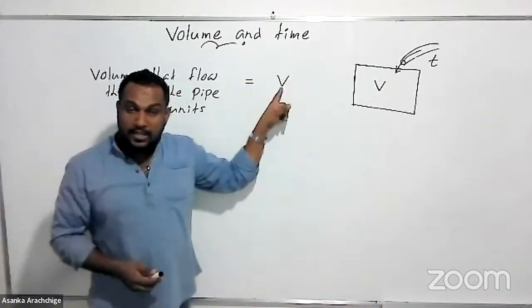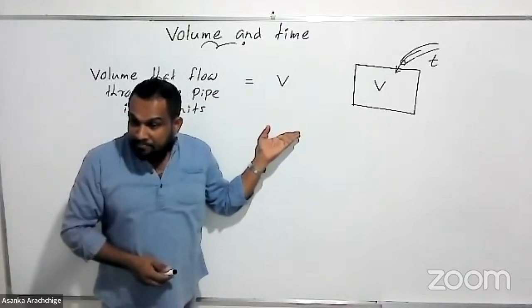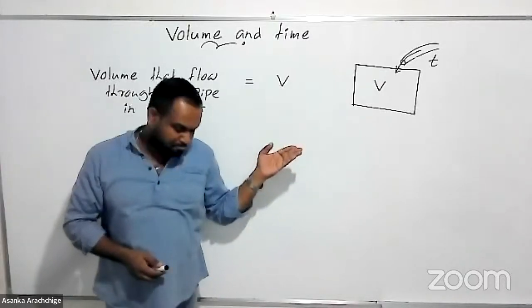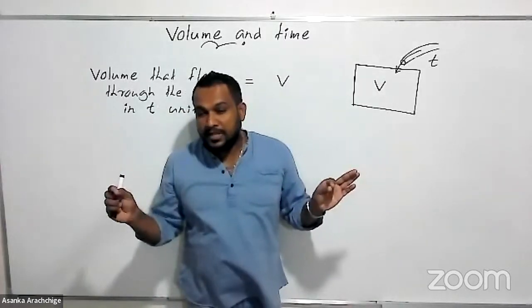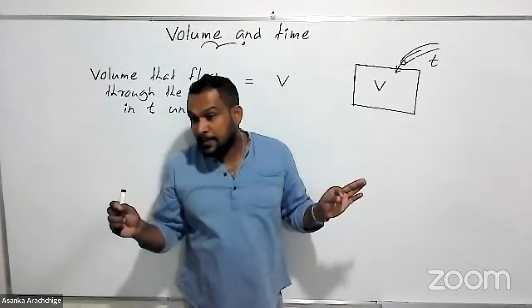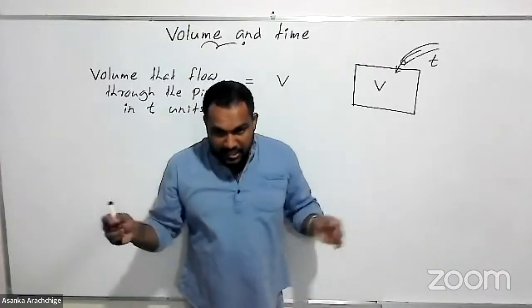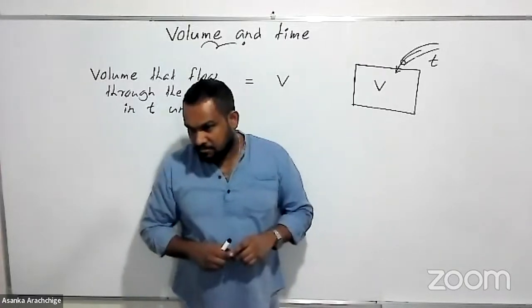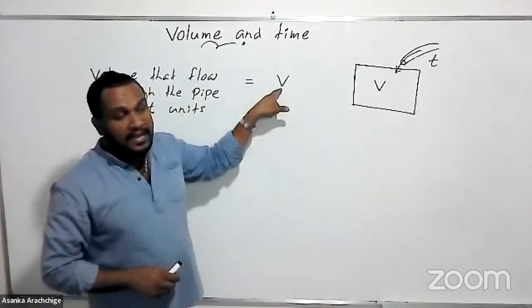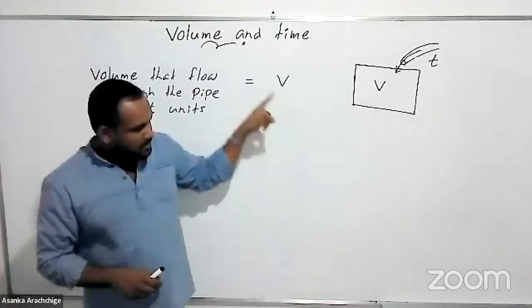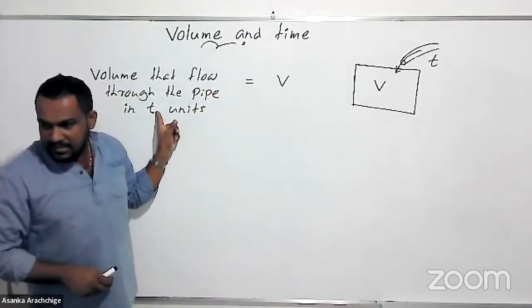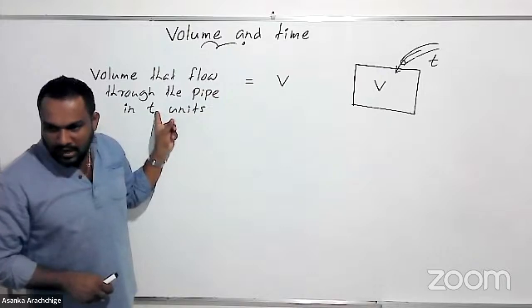It can be V liters or V milliliters. Normally, you know that to measure the volume of liquids, we use either liters or milliliters, no? So this volume can be in liters or milliliters. The time can be in seconds, minutes, or hours.